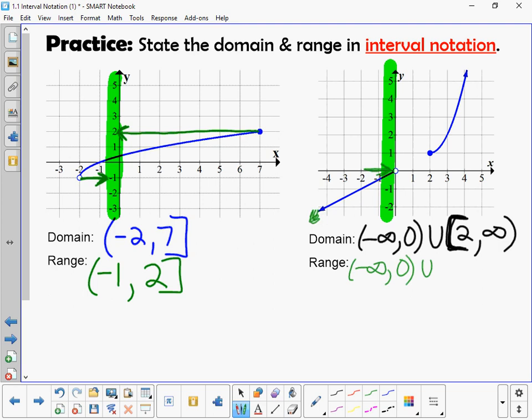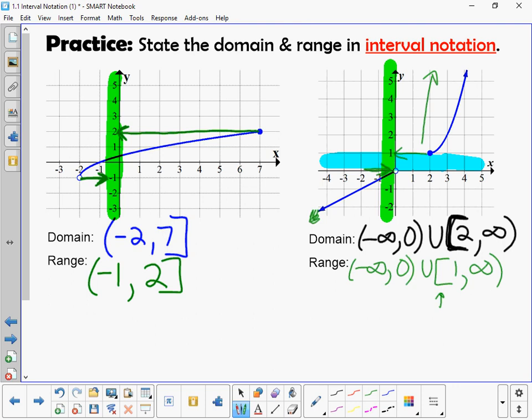Or we have a second part. We've got this gap right here. This gap that isn't, there's no part of the function in that gap, so we want to leave that out. And then it starts up again with the y value 1, and that's included, and that goes up to infinity. So from negative infinity to 0, or from 1 to infinity, and the 1 has a square bracket, included.